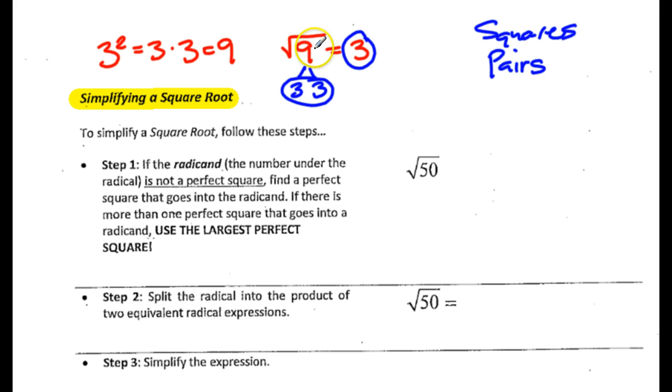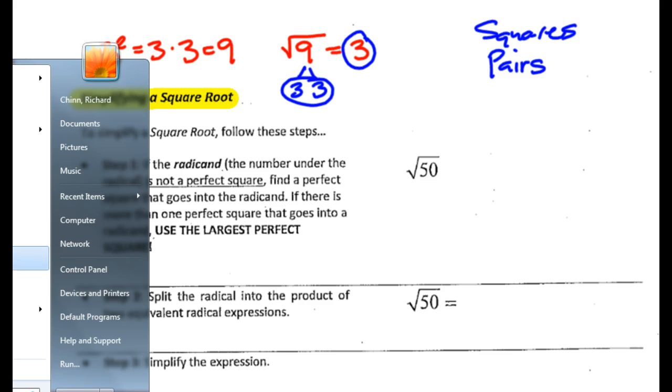Perfect squares, like 9, it all comes out because the number's a perfect square. So, once again, if you use your calculator, it'll come out as a whole number, and that's fine. What we're going to do here is to work on problems that are not a perfect square. Just to kind of prove that, this problem says the square root of 50.